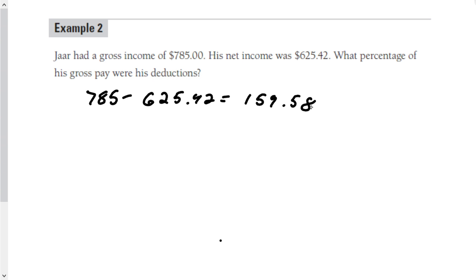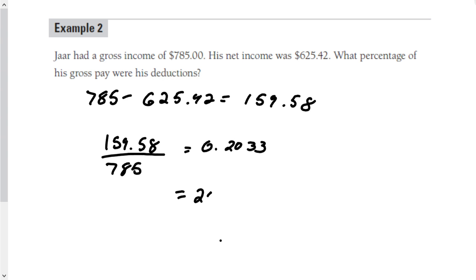Calculate what percentage 159.58 is of 785. So that is 159.58 over 785 is equal to 0.2033, which is equal to 20.3% of his deductions.